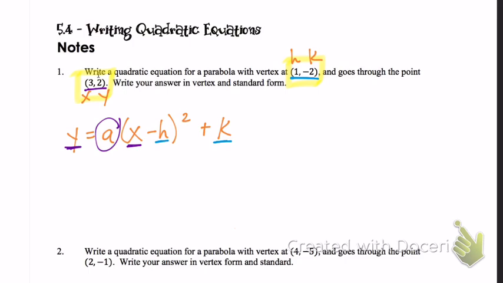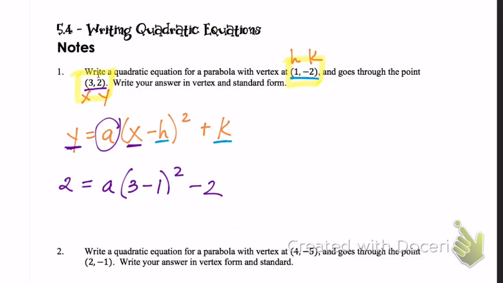So that's essentially what you're trying to do, is solve for your A. So 2, which is my Y, equals A times (my X is 3 minus H, so minus 1) squared minus 2. So does everyone see how I got those numbers? I just plugged in for H, K, X, and Y.